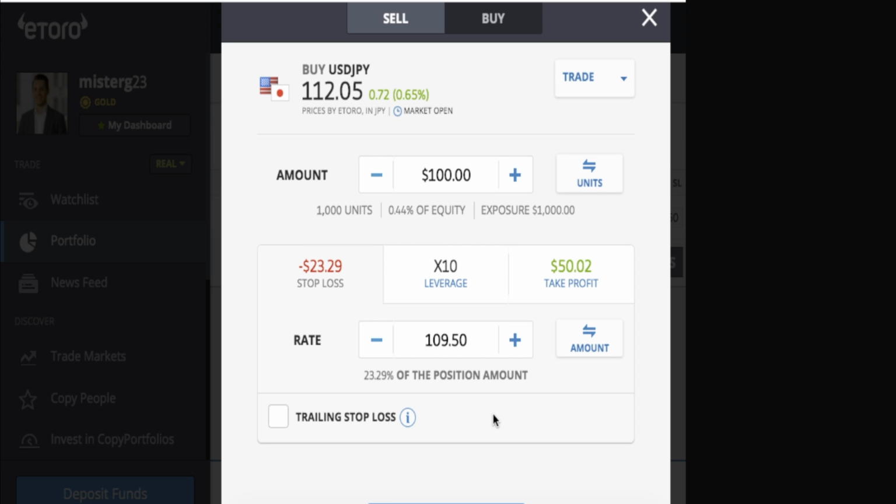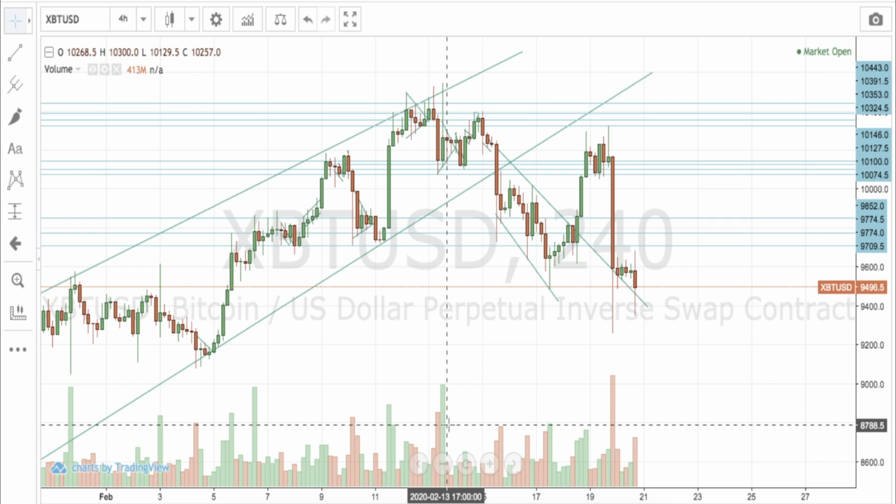And more importantly, you're deviating from your trading strategy because you're still losing money even after your trade has been proven to be wrong. This is especially true with markets such as Bitcoin, where things can move very, very quickly. So you should just get in the habit of, when you place your trade, whether that be a market order or a limit order, make sure that you also set the stop loss at the same time.